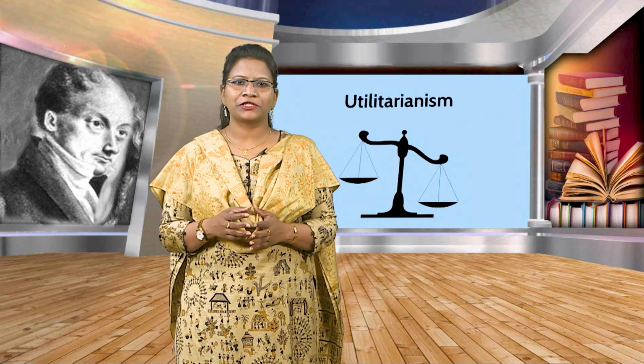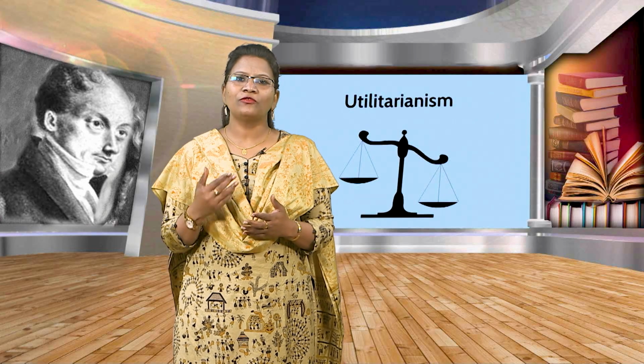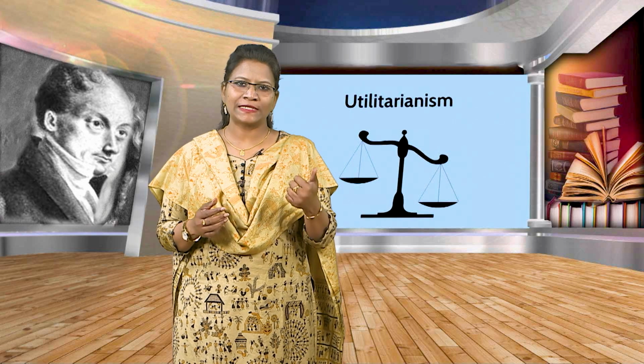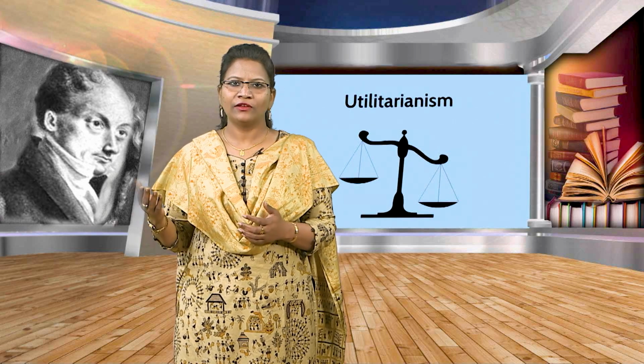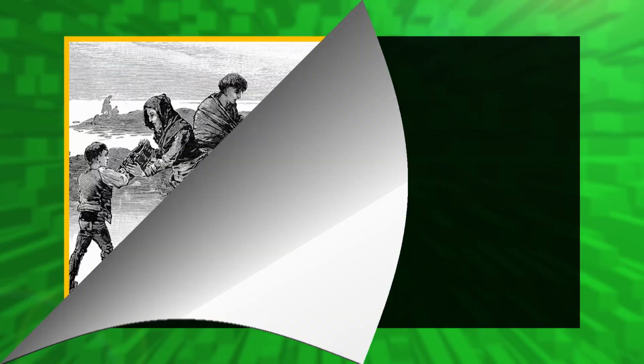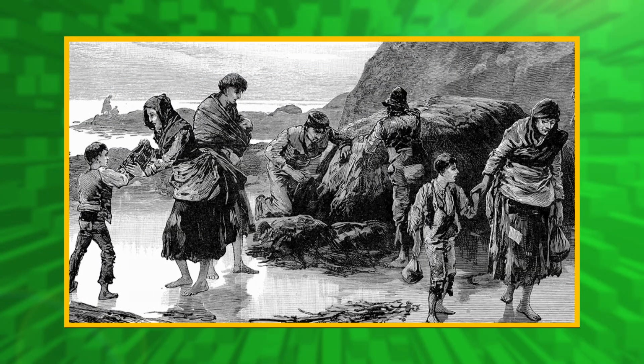A person's pleasure or pain can come from two sources. Firstly, from other human beings, and secondly, from nature itself. Example, famine leading to starvation, that is, pain, or good rains leading to a rich harvest, that is, pleasure.